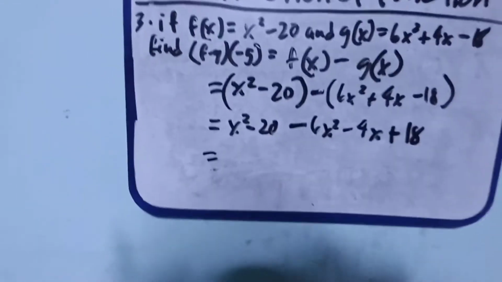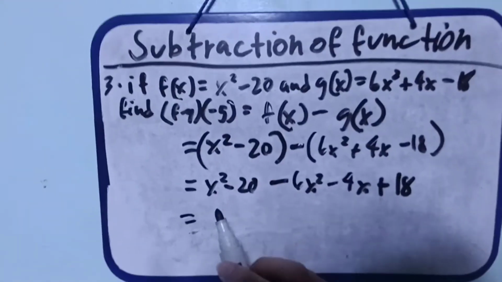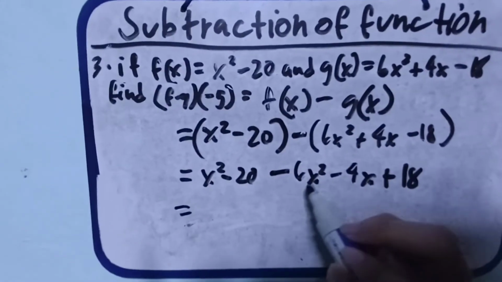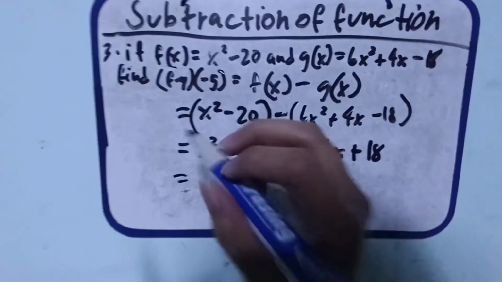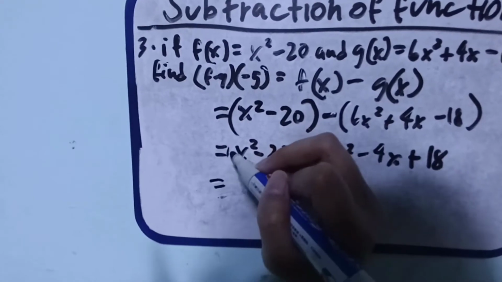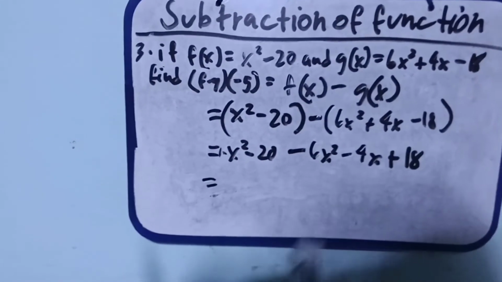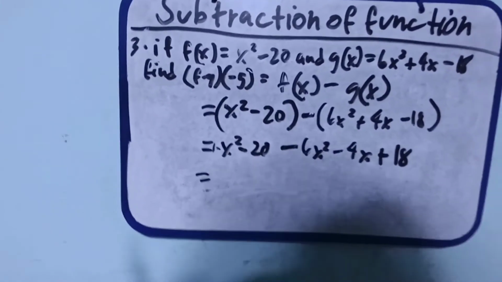So, combine like terms. So, x squared, may kapareho ba siya? Meron, which is this one. Same sila ng 6x squared. Kasi, like I said, sa mga previous kong nasabi na, laging may invisible 1 itong x. So, 1x squared minus negative 6x squared.